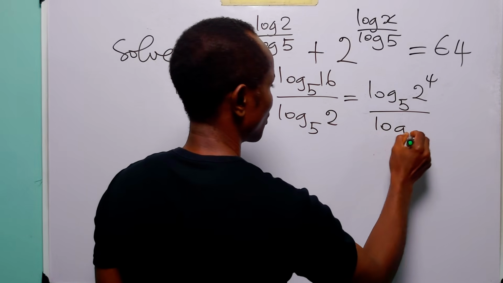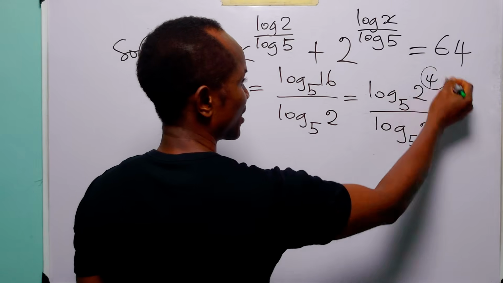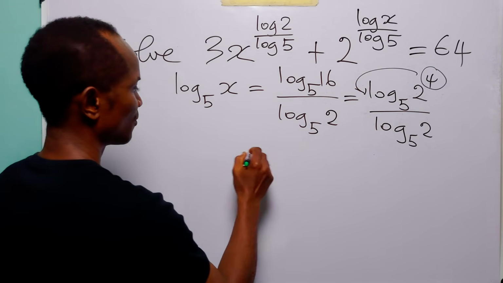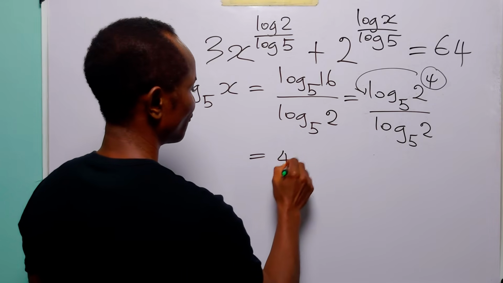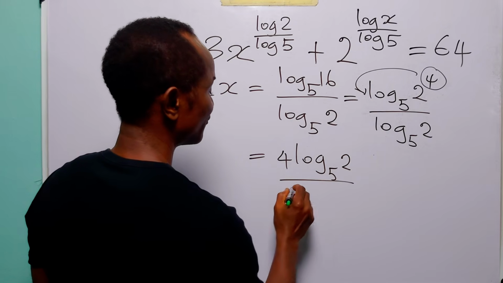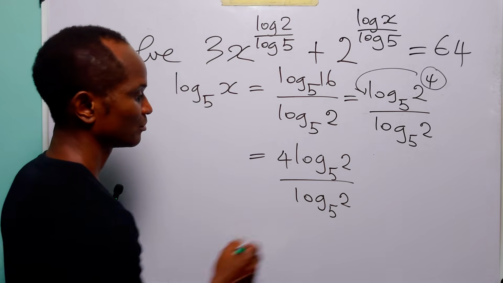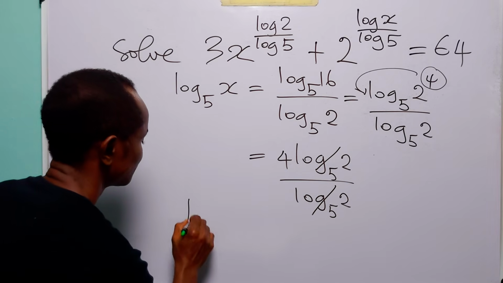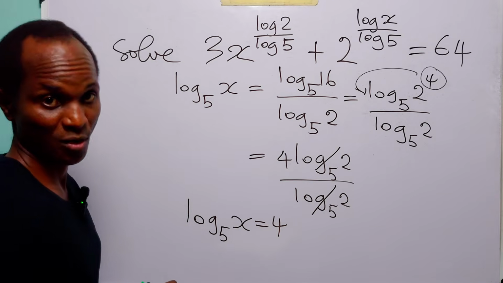So this is over log base 5 of 2. Once more, applying the power rule, we bring down this 4 to the front to become a multiplier. When we do that, we have that log base 5 of x is equal to 4 times log base 5 of 2 divided by log base 5 of 2. Of course, this is going to cancel that to give us that log base 5 of x is equal to 4.